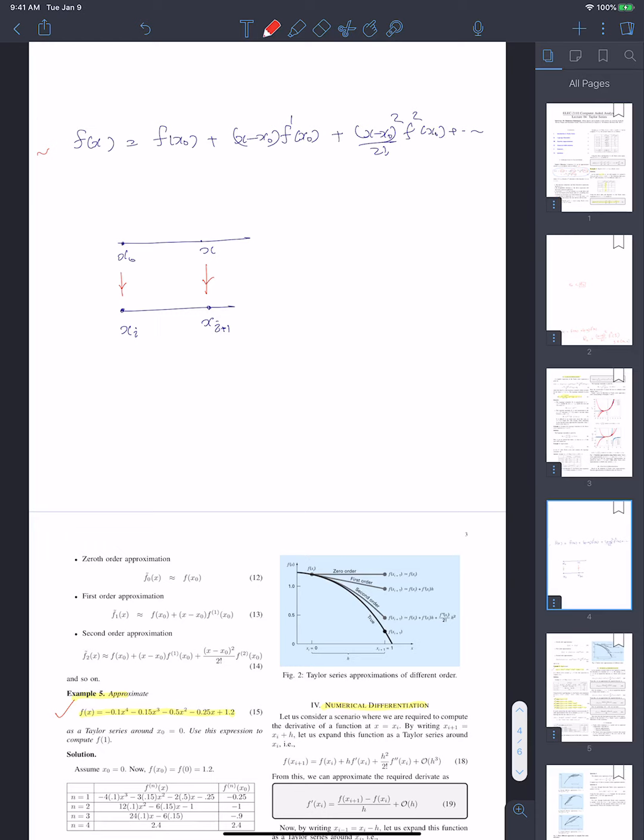So what we did so far was, if we know the function and the values of its derivatives at x0, we can express it at a point x.